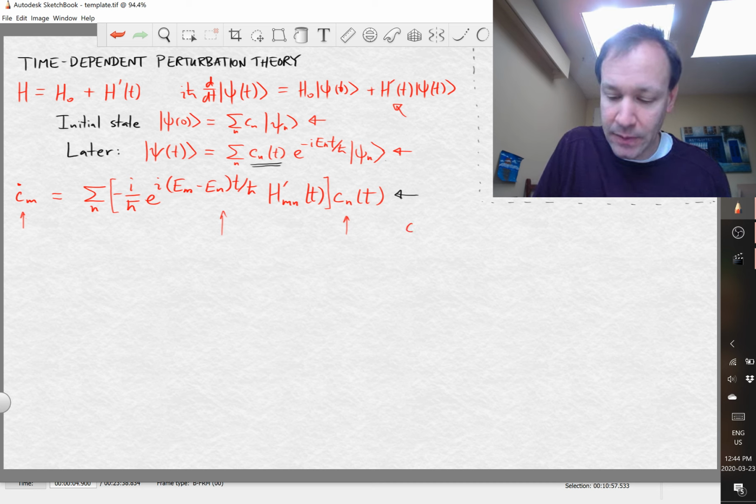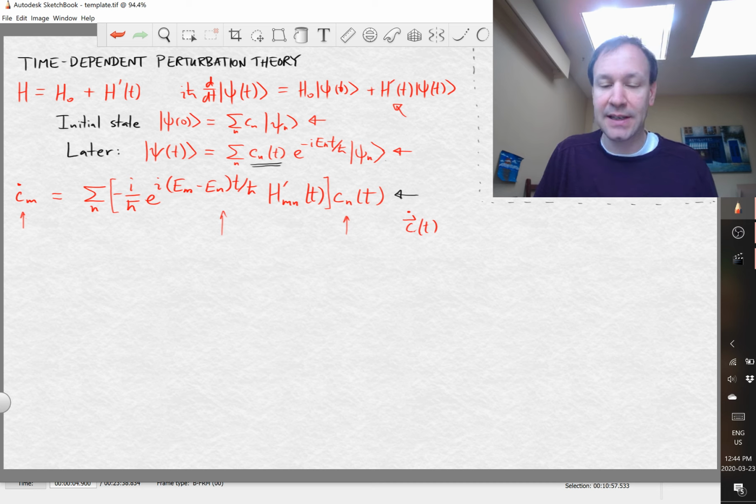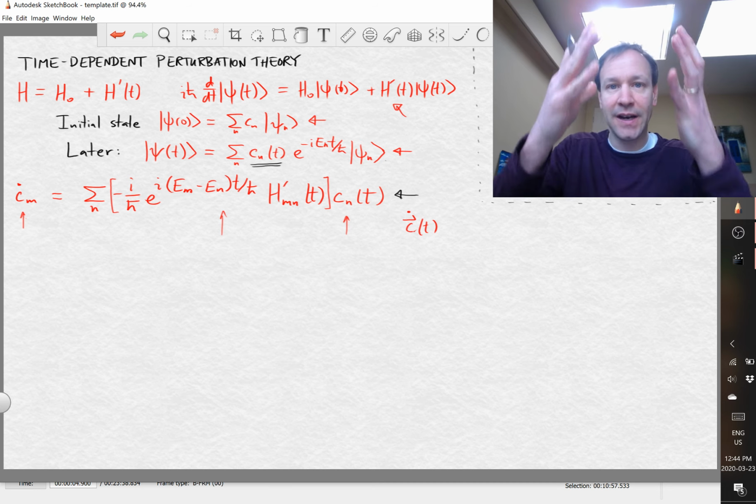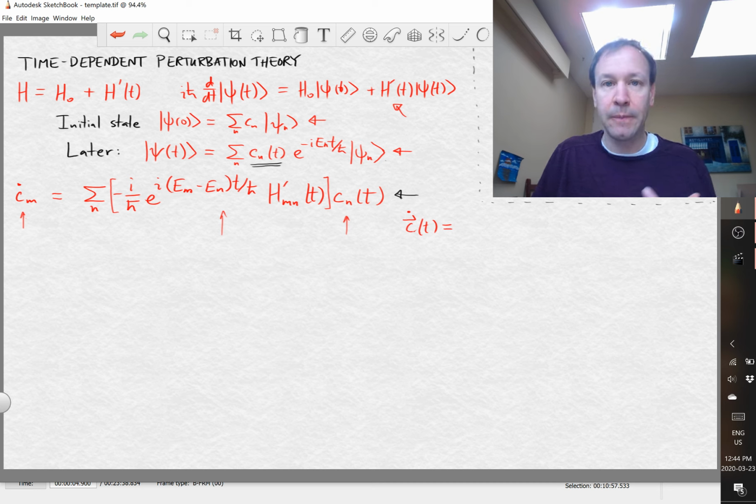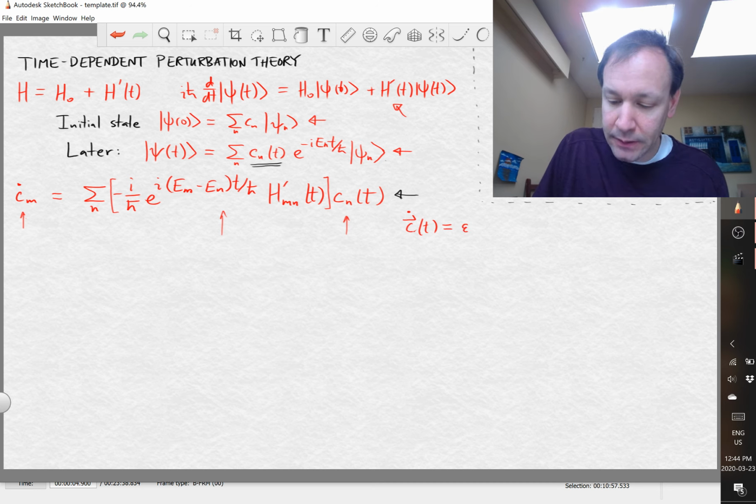Let's say we just write the vector c. So it's an equation that says that the time derivative of this vector of coefficients is equal to some matrix, and I'm going to call that epsilon times M.